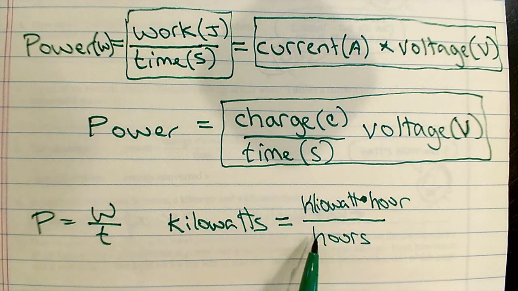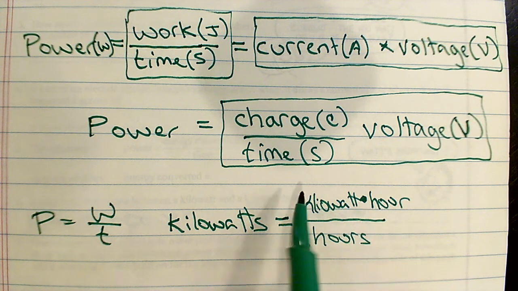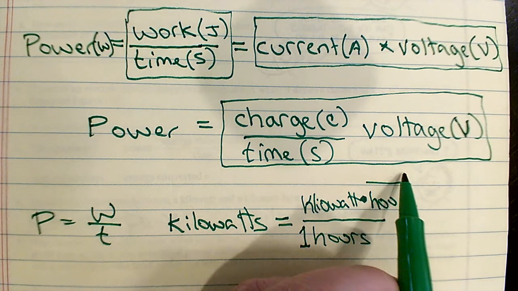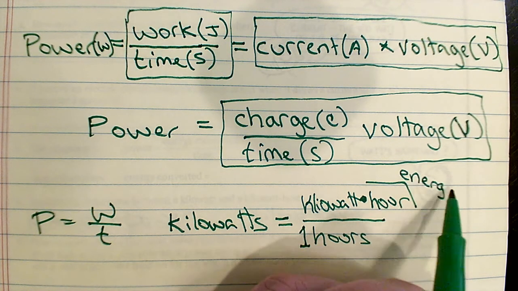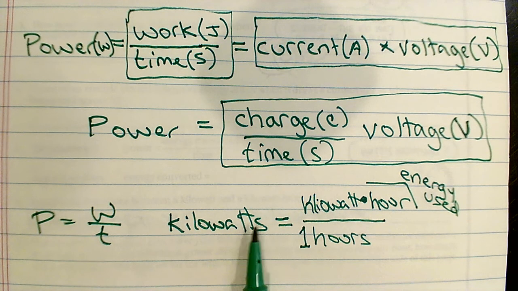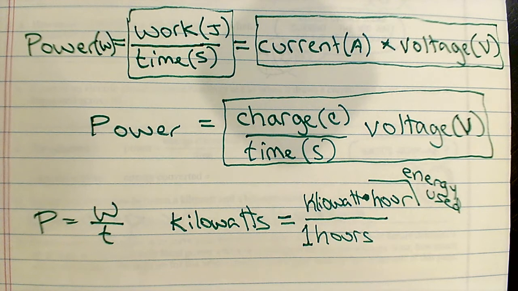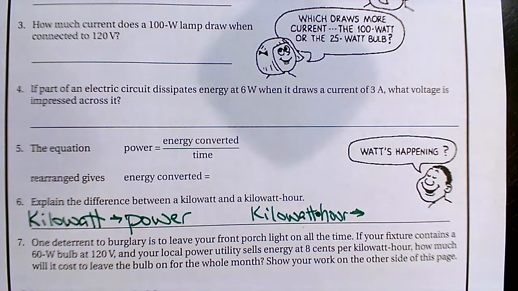They usually frame it as per 1 hour of use, but the idea is you're taking kilowatts of power times the hours that it's used, and that's how many kilowatt hours, again a unit of energy used. It's not a unit of power. Kilowatts is a unit of power, and it's not a unit of time. Hours is a unit of time. Kilowatt hour is how much energy is used.